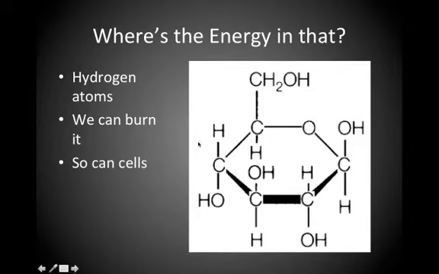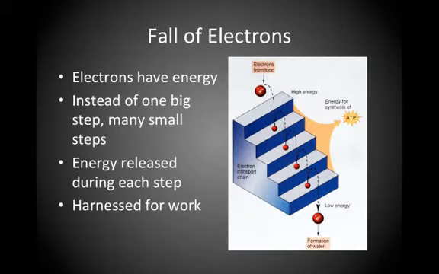So the most important thing for cells about this molecule is that it can be strategically and stepwise broken down slowly, whereby the electrons are taken from the hydrogens of this molecule. All the oxygen and the carbon will then be released as carbon dioxide, especially in animal cells. Basically, the idea of cellular respiration is about the fall of electrons.